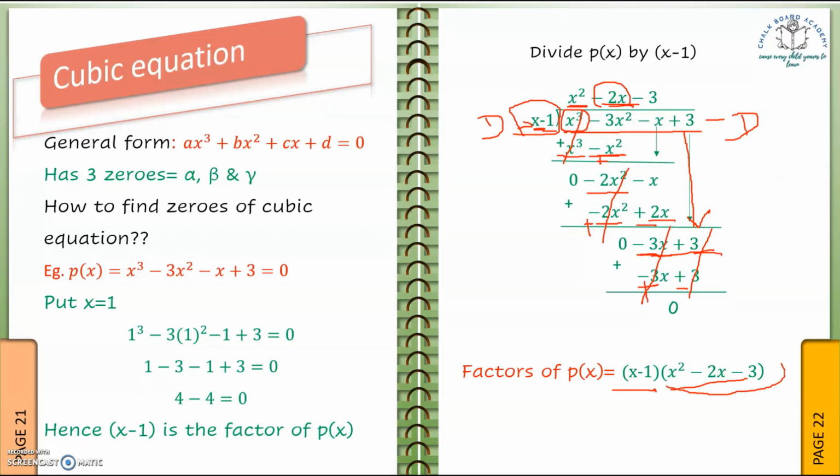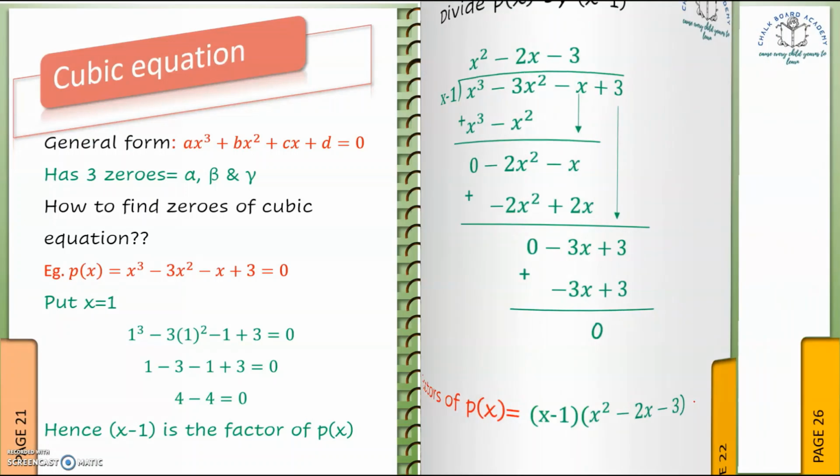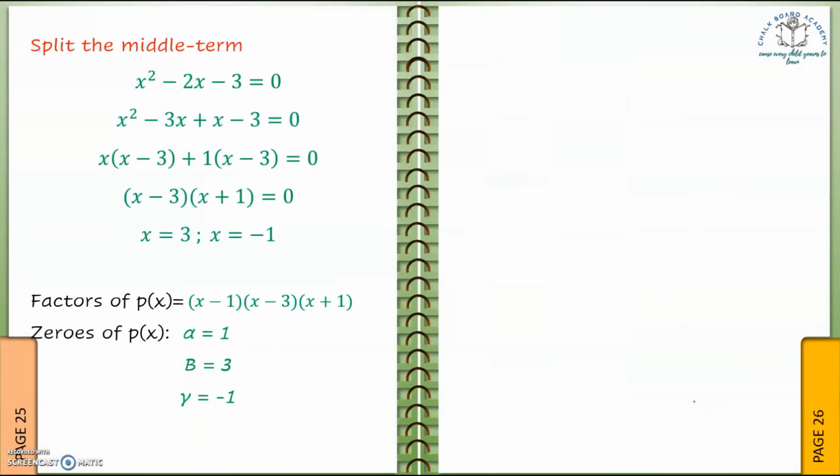Now we have to find the factors further, and for that we are going to do middle term splitting. So now we have this x square minus 2x minus 3 is equal to 0. First, we have to multiply this 3 by this term, so we get only 3 here.